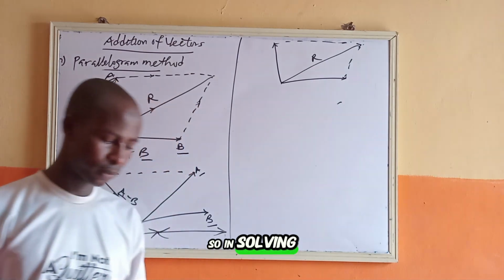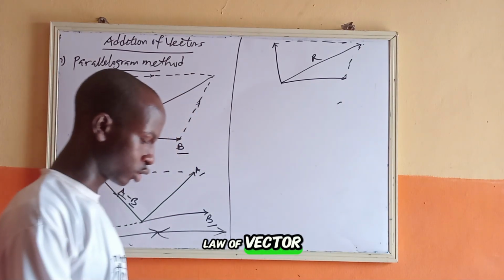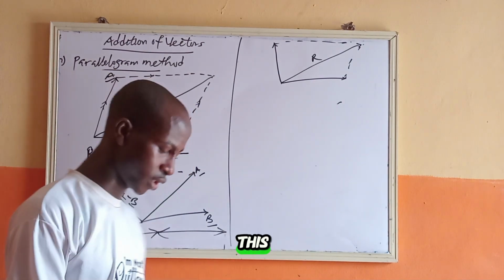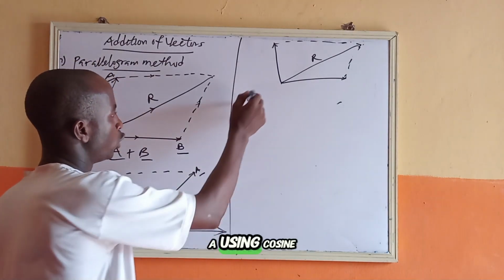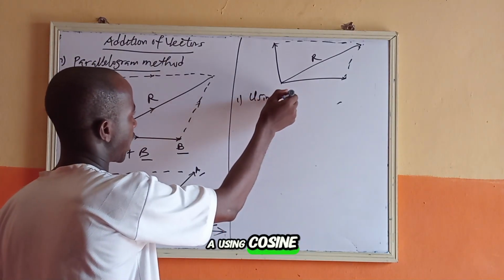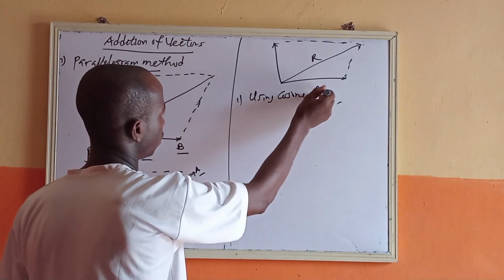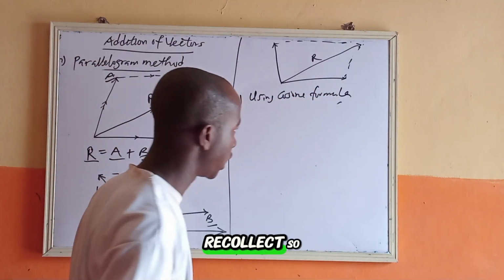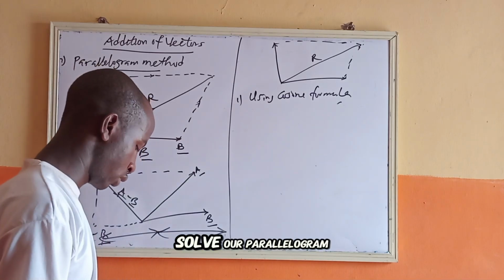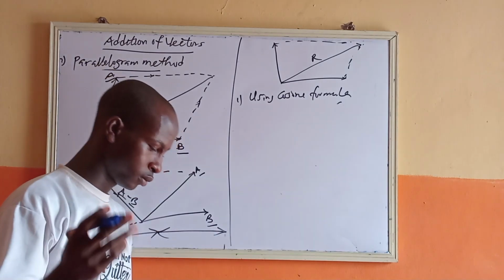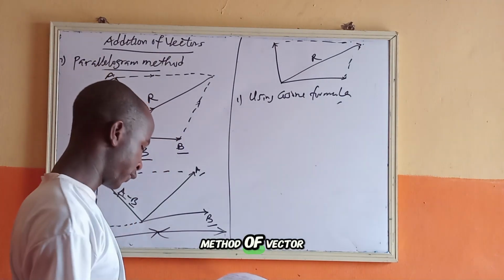So in solving problems on the parallelogram law of vector, you have to take note of this. Number one is using the cosine formula. If you could recollect, we can use the cosine formula to solve our parallelogram method of vector.